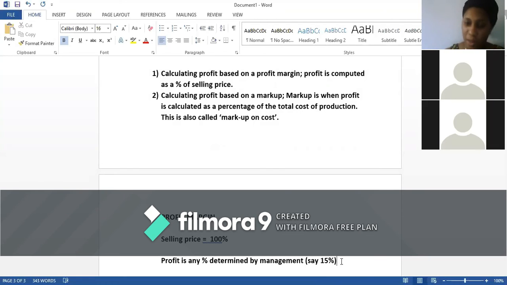So if selling price represents 100%, it means that my total cost of the product would equal 100 minus 15, making it 85%.